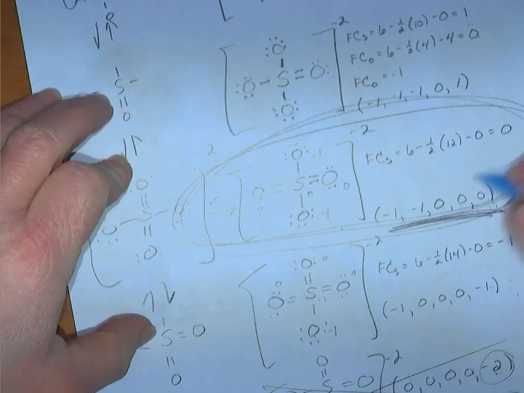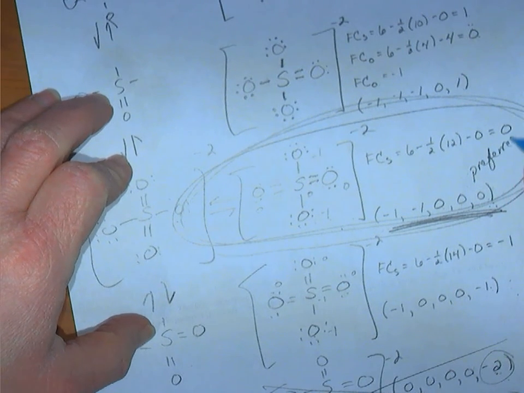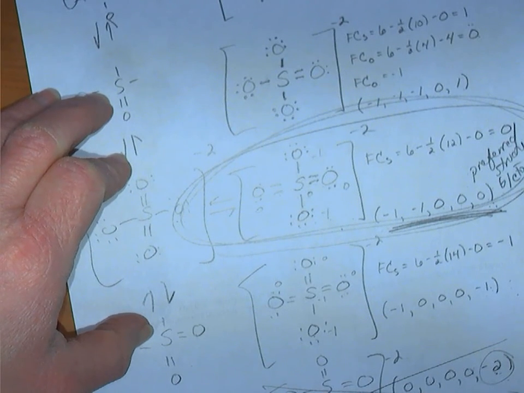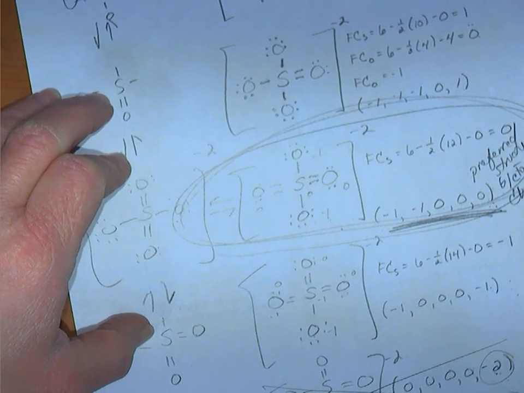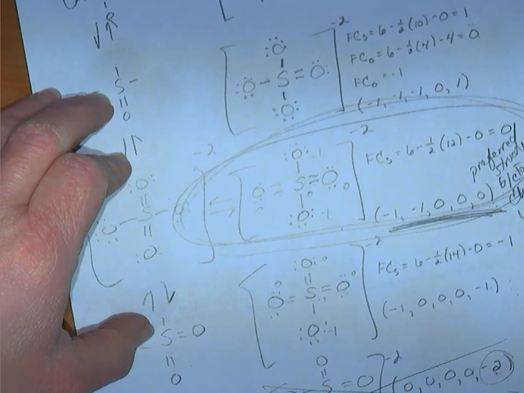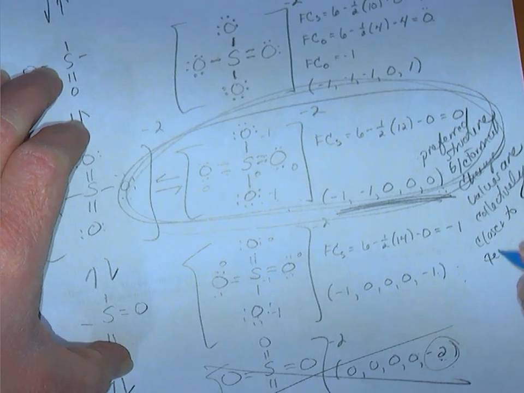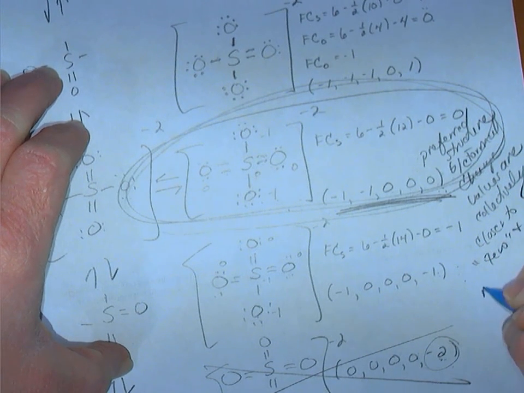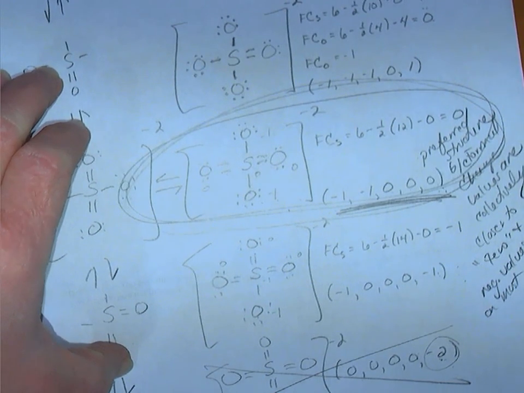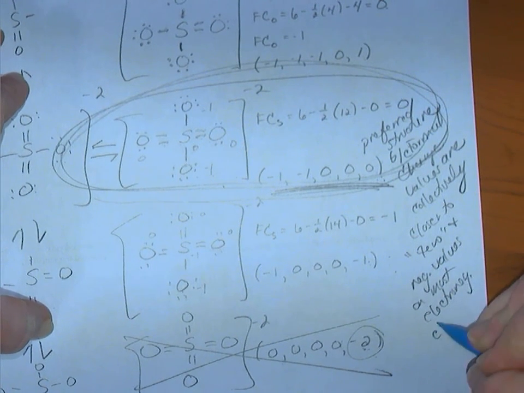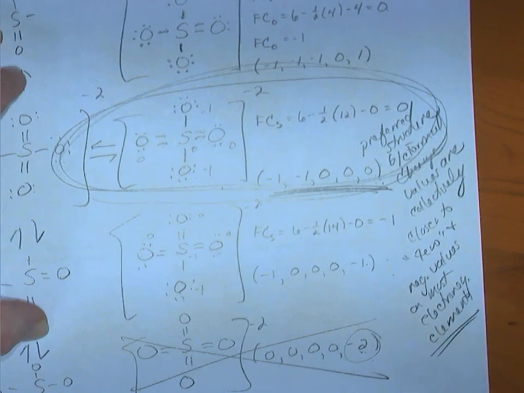And we would say this is the preferred structure because the formal charge values are collectively closer to 0 and negative values on most electronegative elements. All right, that's formal charge.